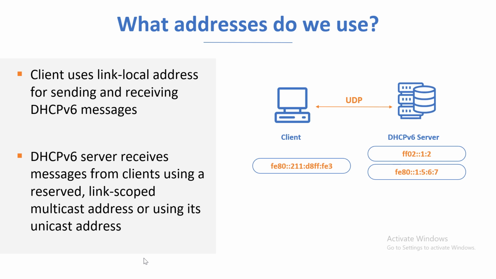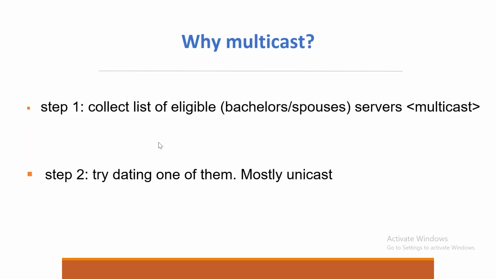And why do we use multicast? This is an interesting summary, and I stole it from a conversation that Michael and I had. Michael Richardson gave me a great analogy, which is, as I say, wonderful. First you want a list of eligible folks.